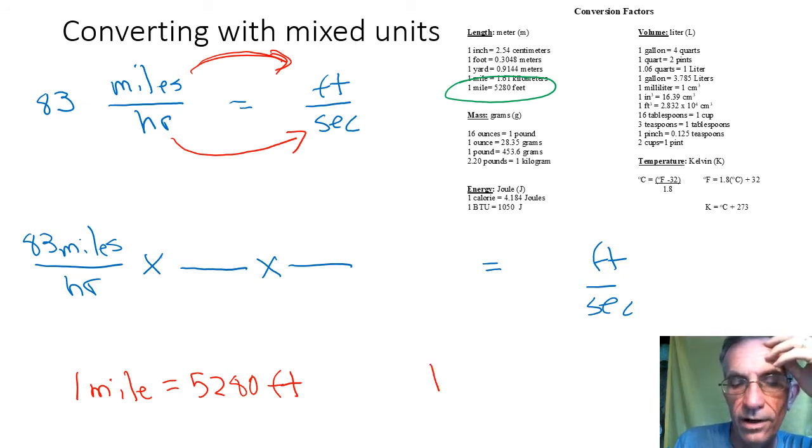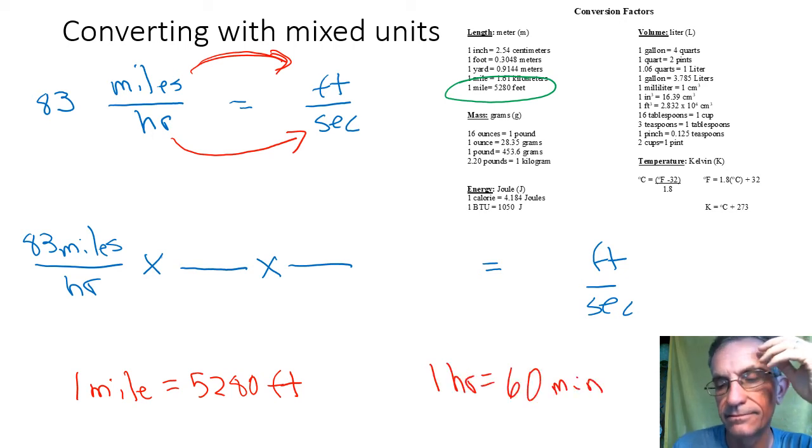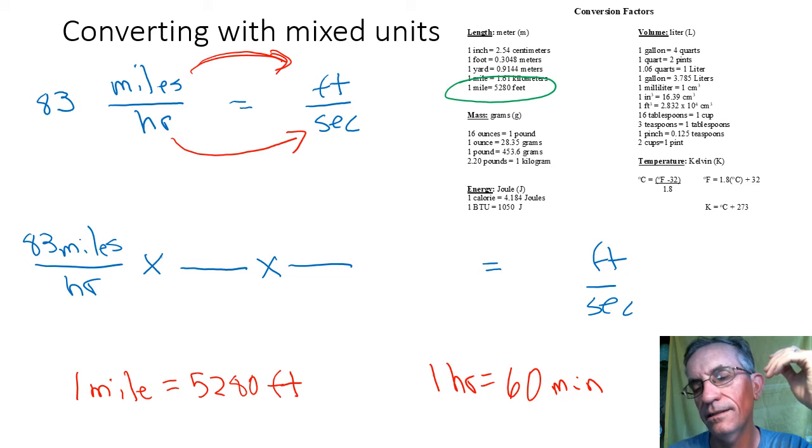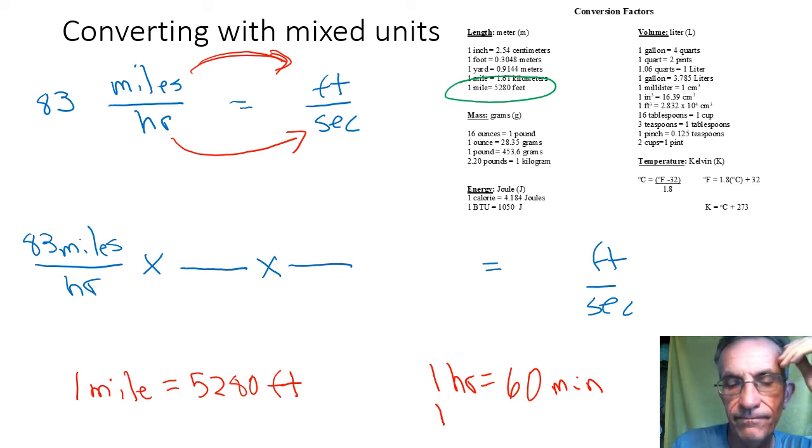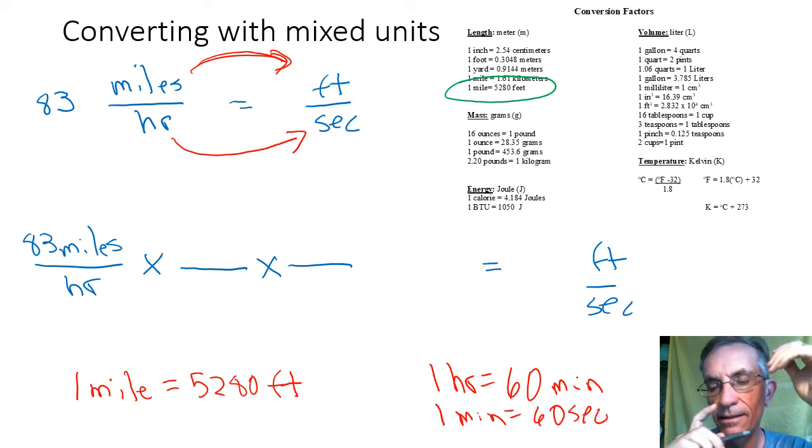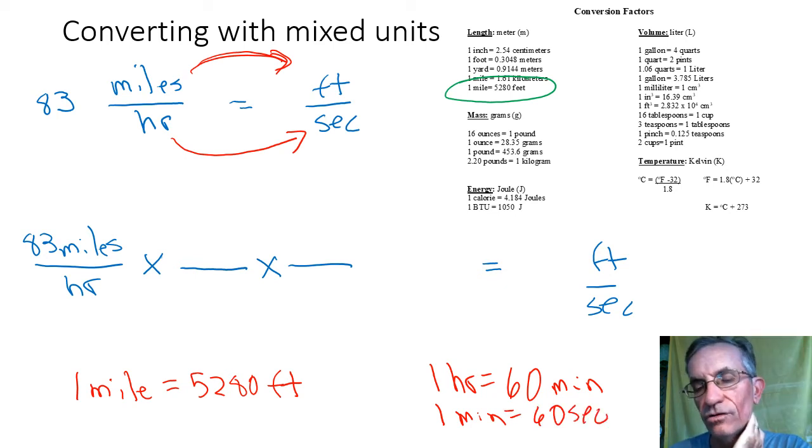Let's say 1 hour is 60 minutes, I think. And what else can we use? Oh, 1 minute is 60 seconds. All right. So we could use those two to get us from hours to minutes, and then another one, minutes to seconds. Okay, now that should work.